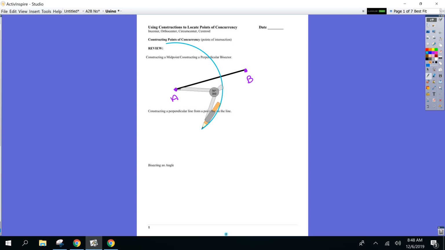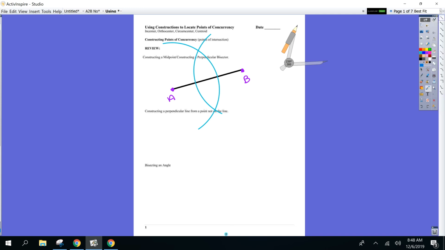And from here, again, you guys are taking over today. Where do I go from here? Other endpoint. Leave your compass opening the same. Other endpoint. Yep. You are going to take your straight edge, line it up.